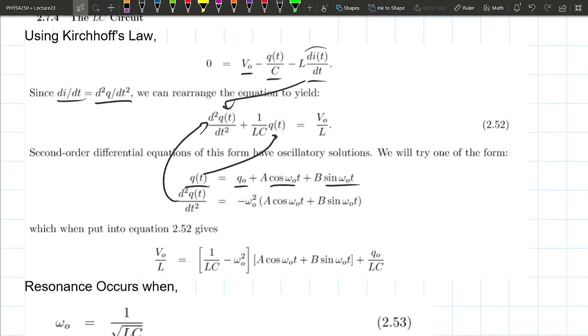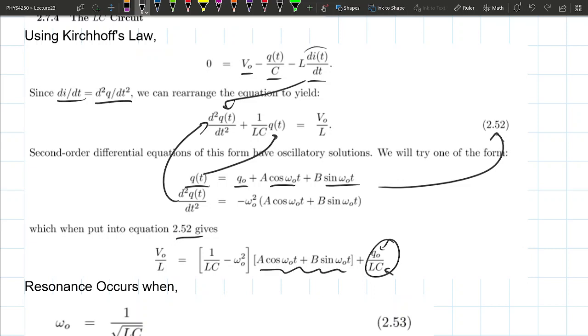But what we're trying to figure out here is, if we plug these two equations into 2.52, these are the exact same equation in the textbook, what you will see is that the voltage divided by the inductance is going to be equal to some constant, some initial voltage divided by LC, and LC is now an interesting number, multiplied by some oscillation stuff.